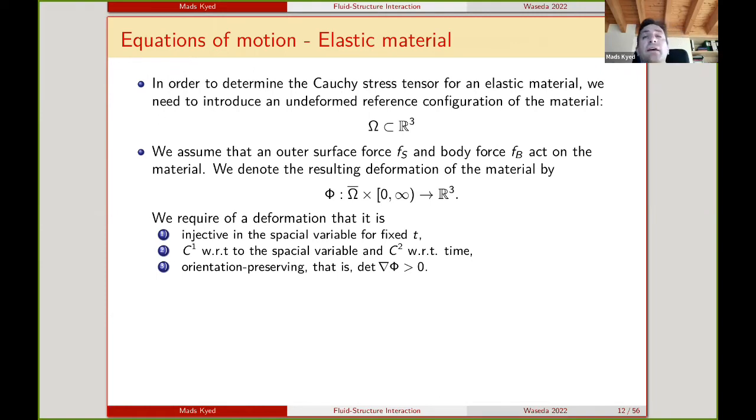Okay, so we use these assumptions when we derive the equations of motion. Obviously, when we later solve the equations of motion, we really should go back and check if the solution that we find, which will be the deformation, of course, satisfies the assumptions we have used to derive the equations of motion in the first place.